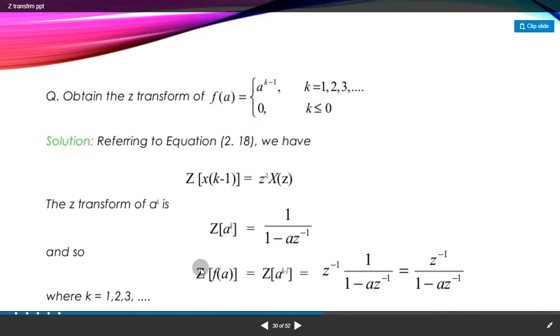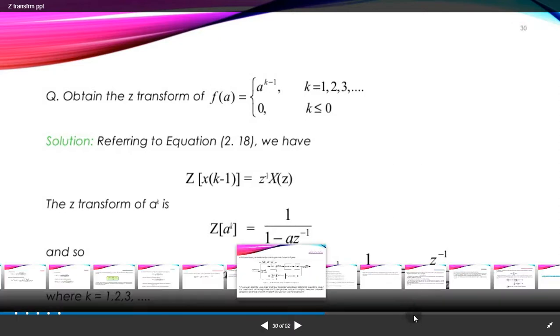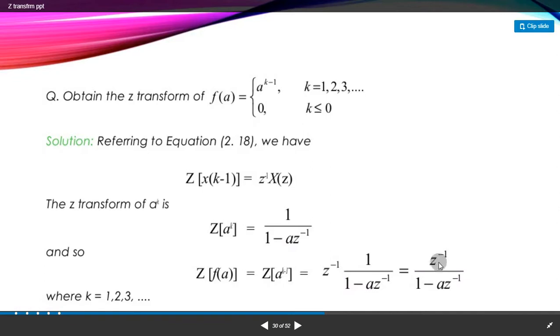And so we can write the z transform of the function as the z transform of a to the power k minus 1, which is equal to z to the power minus 1 by 1 minus a z to the power minus 1. So this is the specific example that we are talking about. Let's go to the next slide.